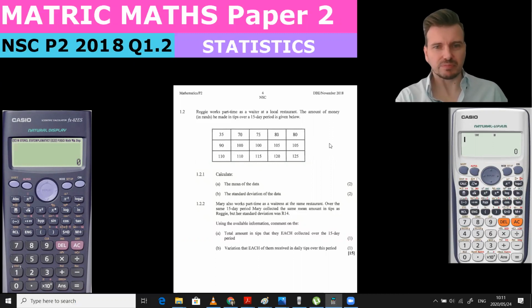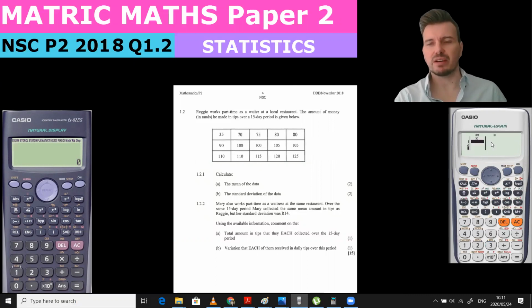So what I want to do is to make sure that we are in the right mode. So we go mode and we go to the stats mode, and it's one variable.